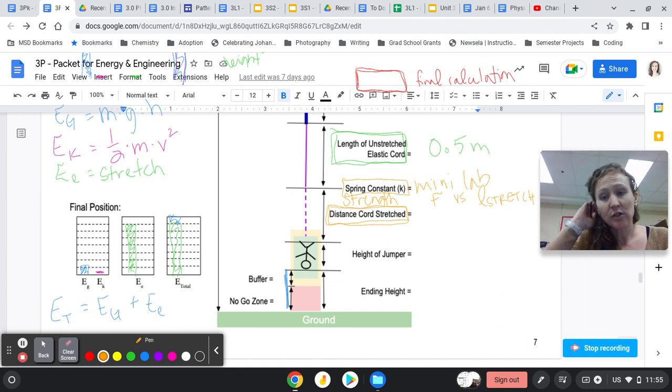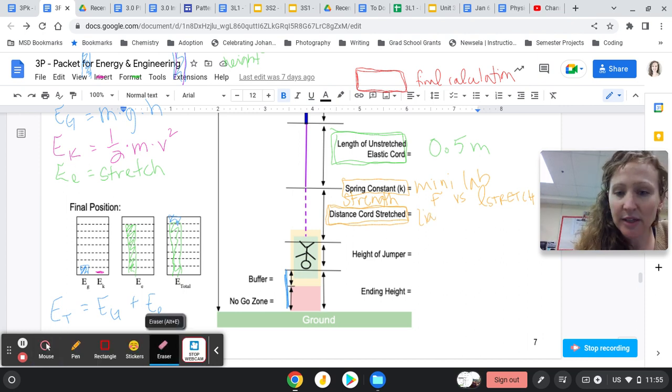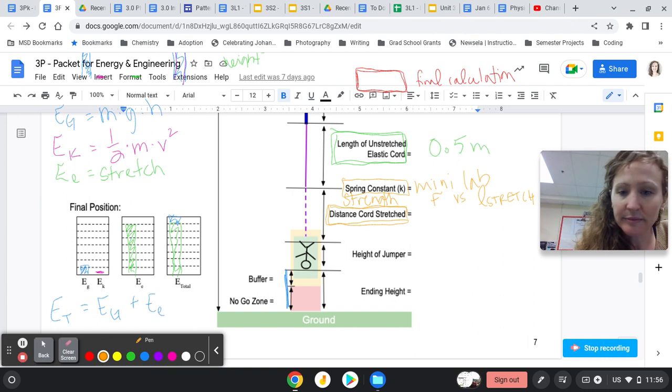So we're going to spend some time on this in a lab. That should say LAB. And this lab is going to be elastic energy versus the length or the distance of the stretch.